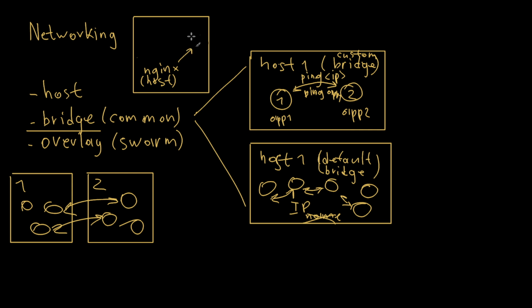Nginx will be able to communicate with other applications on your local host, like something running on port 3000, for instance. Maybe we have our app running on port 3000, and traffic from outside will be able to call port 80, which Nginx is running on by default. So this is a host network.